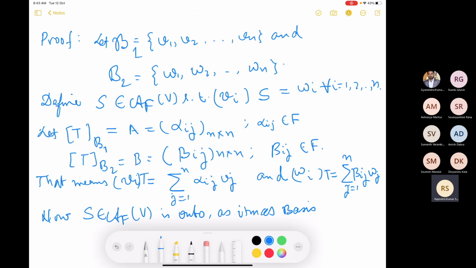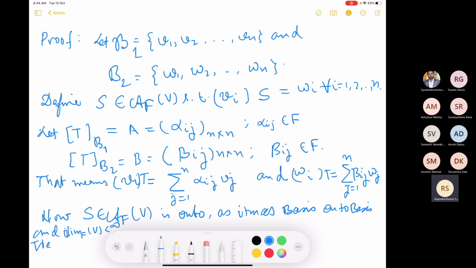So this linear transformation is onto, and V is finite dimensional over F. What we get is that S is invertible, because for a finite dimensional vector space we had already proved that such a map will be one-to-one also, and therefore invertible.